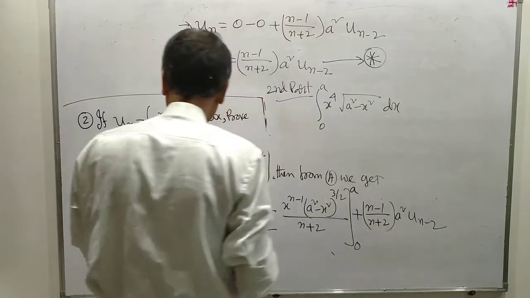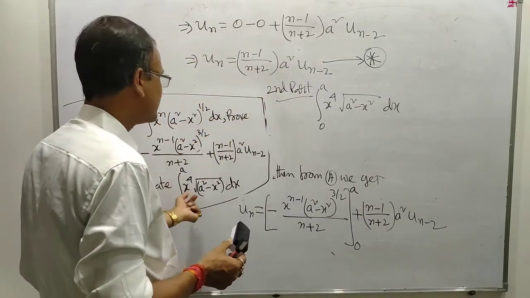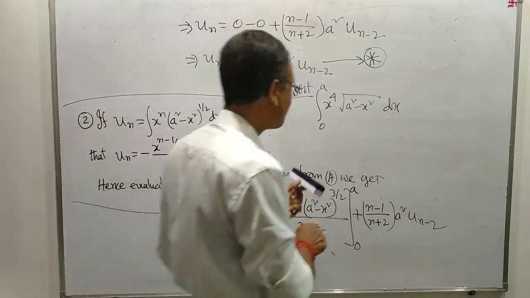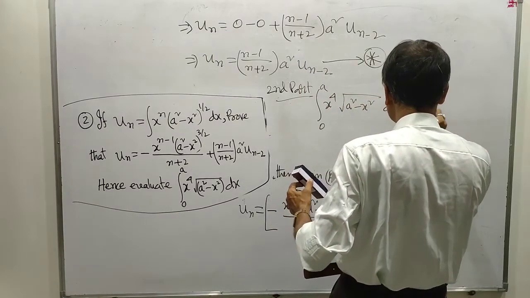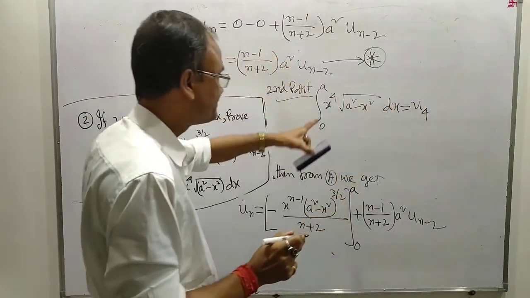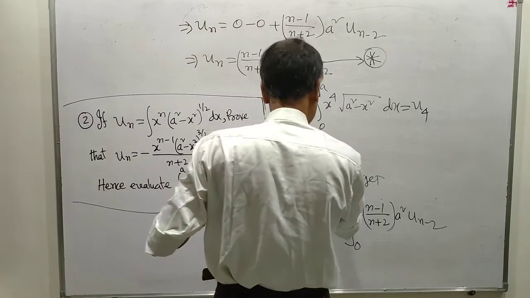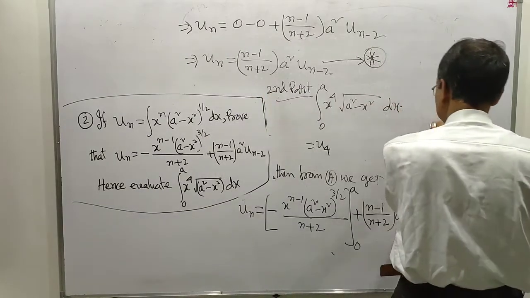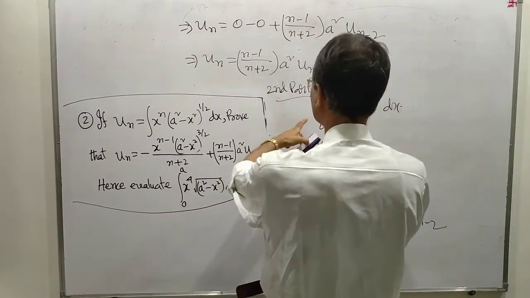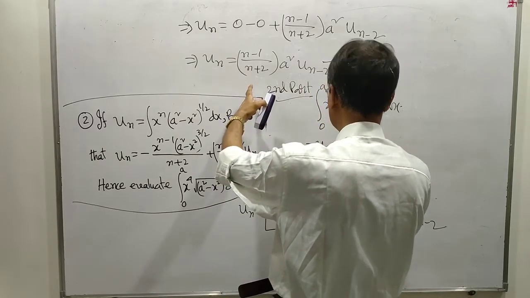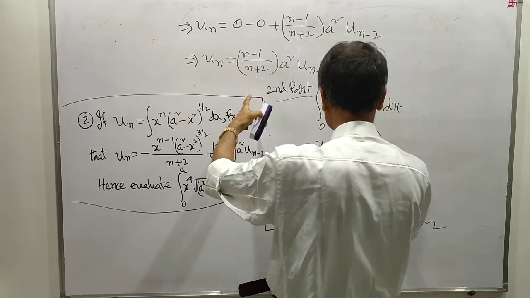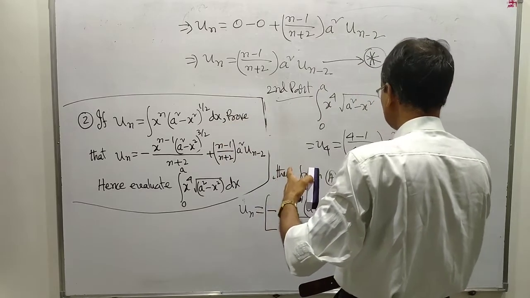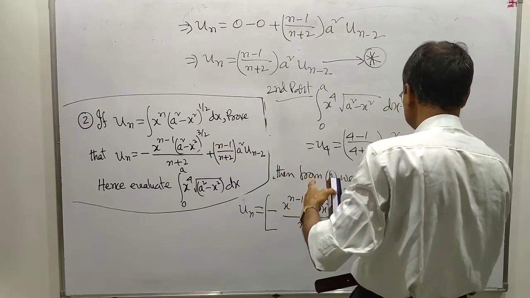Compare this with this, and you will get it is equal to u4. This is nothing but u4. I am writing just below this one. This is equal to 4 minus 1 divided by 4 plus 2 times a square into u4 minus 2.